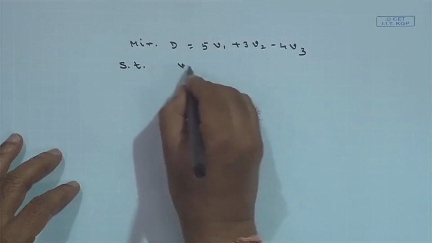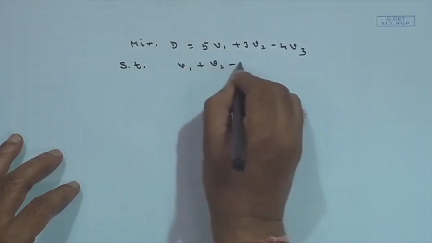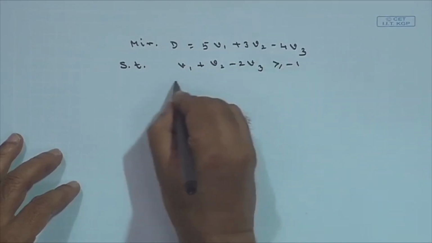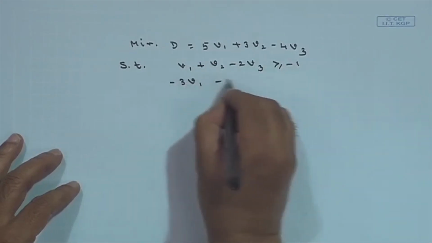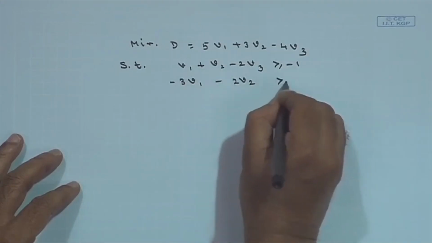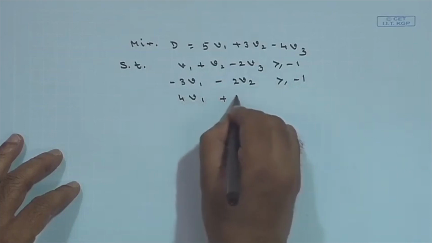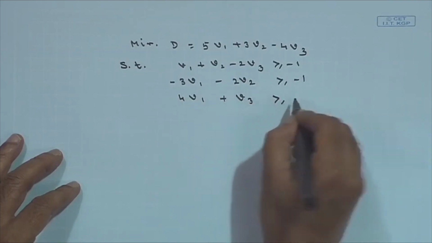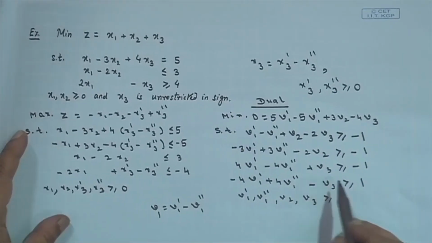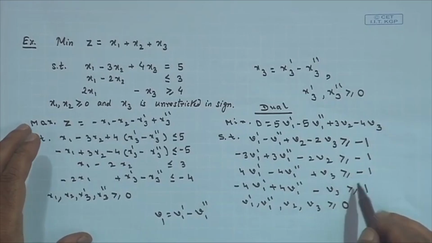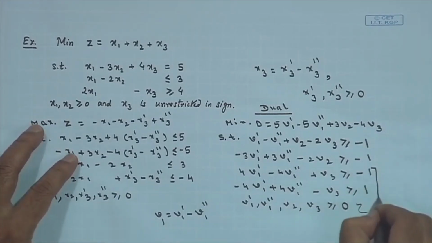Subject to v1 plus v2 minus 2 v3 greater than or equal to minus 1, minus 3 v1 minus 2 v2 greater than or equal to minus 1, 4 v1 plus v3 greater than or equal to 4 v1 minus v3. If you now see this one, these two are of greater than or equal to type.